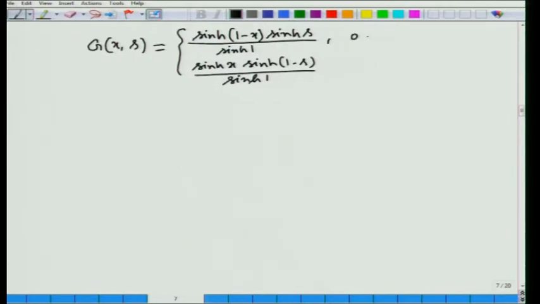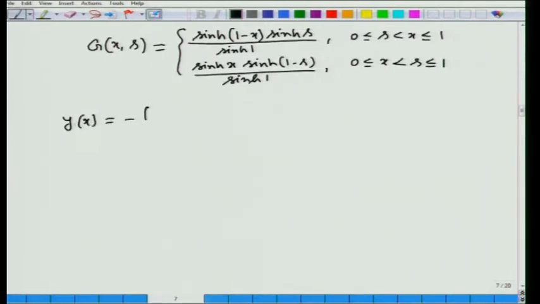This is for 0 ≤ s < x ≤ 1, and 0 ≤ x < s ≤ 1.